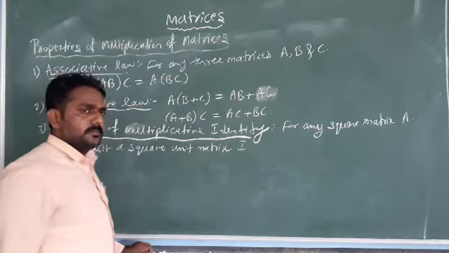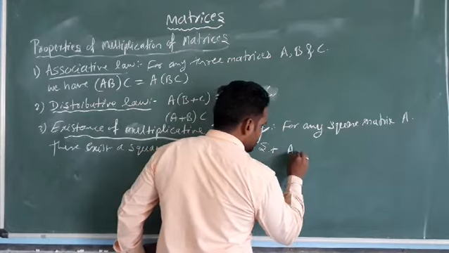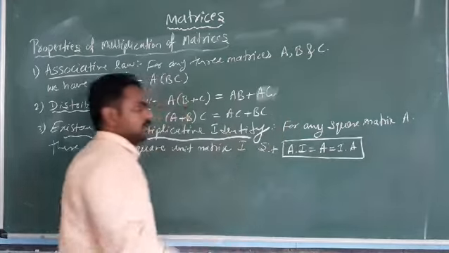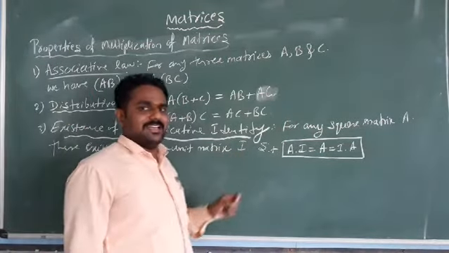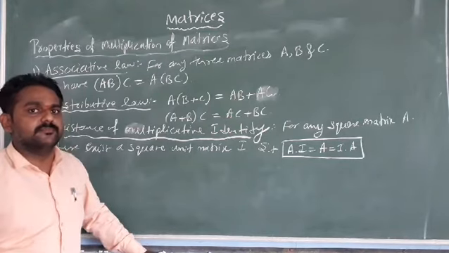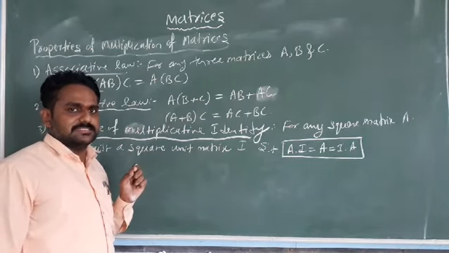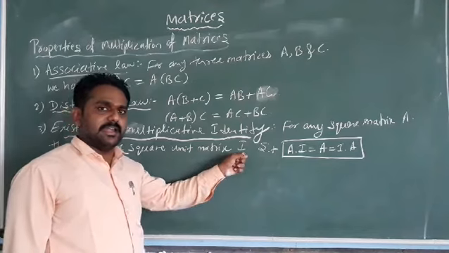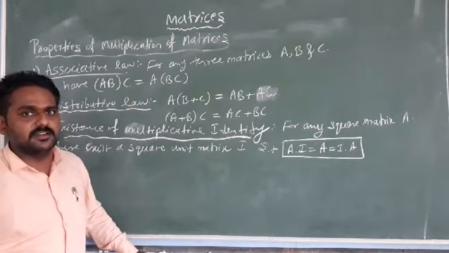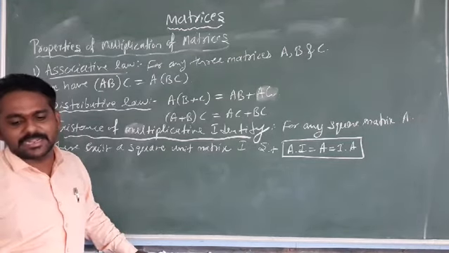For any square matrix A, there exists a unit matrix I such that A into I equals A, and I into A equals A. So we call I the multiplicative identity matrix for the given matrix A. These are the three properties or laws that exist for the multiplication of matrices.